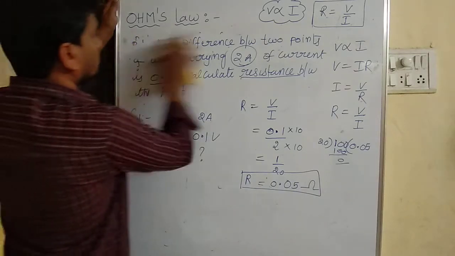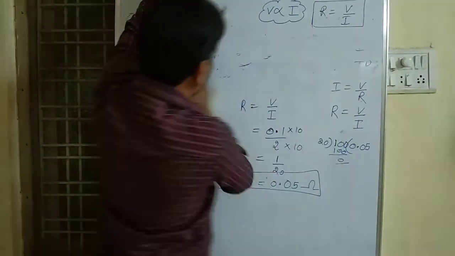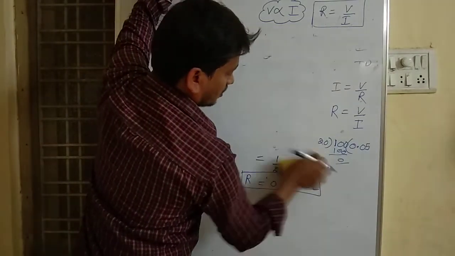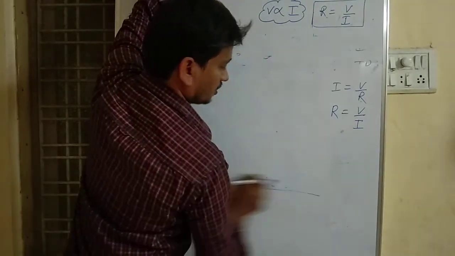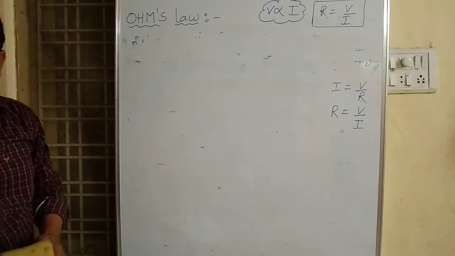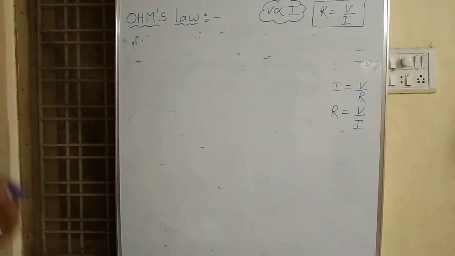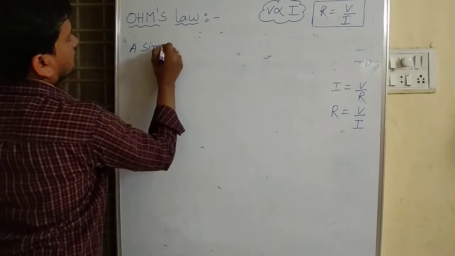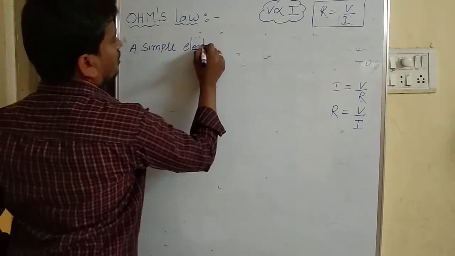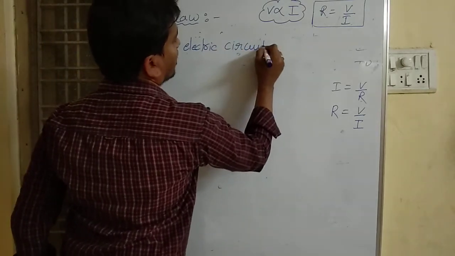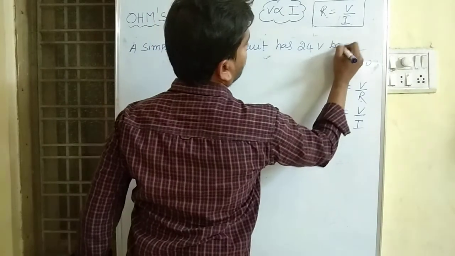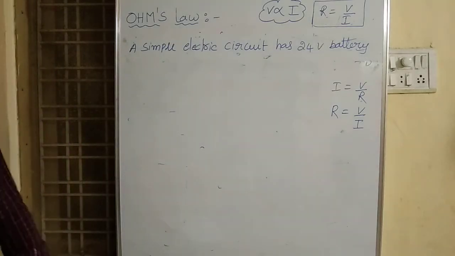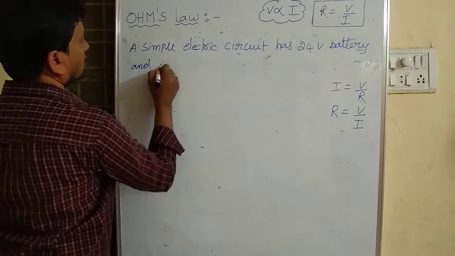Now one more question. A simple electric circuit has a 24 volt battery and a resistor of 60 ohms.